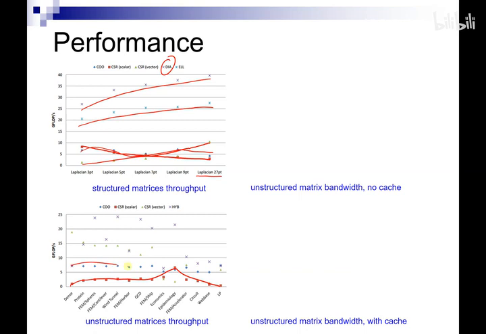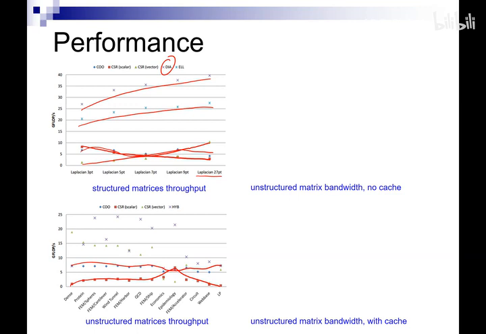The COO format basically doesn't care where the non-zeros are. It's got very consistent performance regardless of which matrix you're working with. All of these things down here, the protein, FEM spheres, and so on, are names of different sparse matrices. You can download all of these sparse matrices.